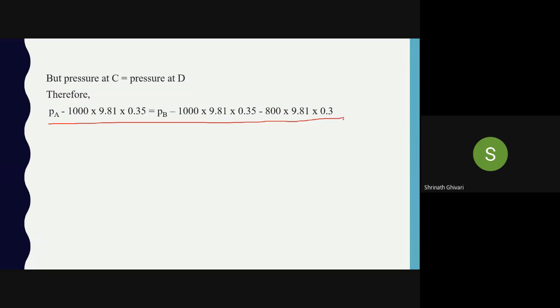It will be PB minus PA. What is the answer?